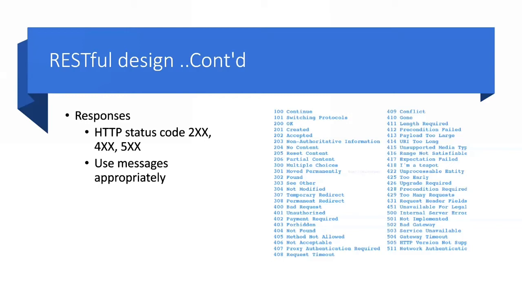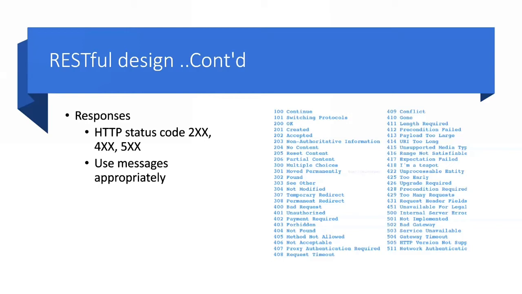Based on the method that you use and the scenario that you have, you may want to pick the right status code. This is basically a standard, and developers who are building and using APIs would know what these mean, so you can basically talk in the same language if you both have the information here.